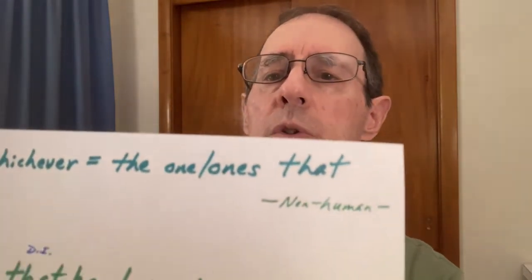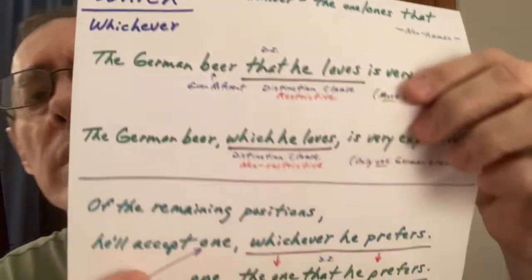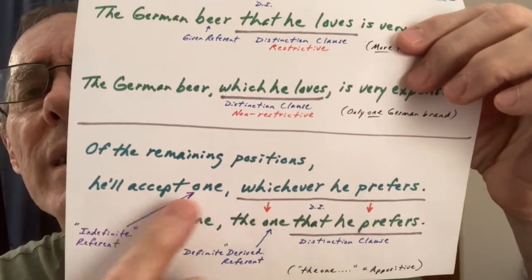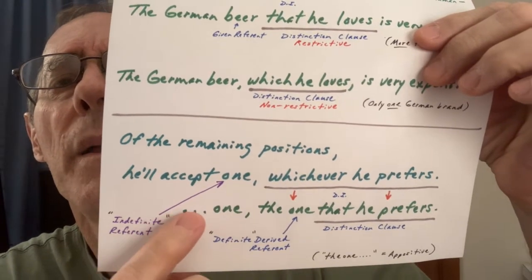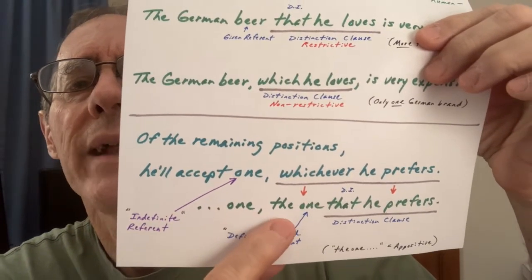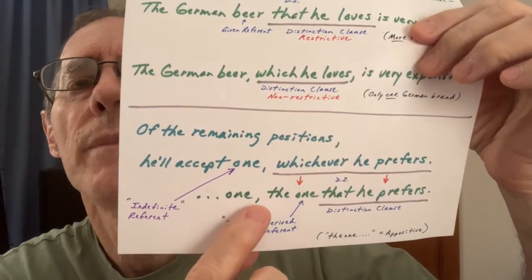Of the remaining positions, he'll accept one, comma, the one that he prefers. Remember, this word, whichever, means the one that. So we filled that in, and we got: of the remaining positions, he'll accept the one that, see? Of the remaining positions, he'll accept one, comma, the one that he prefers.